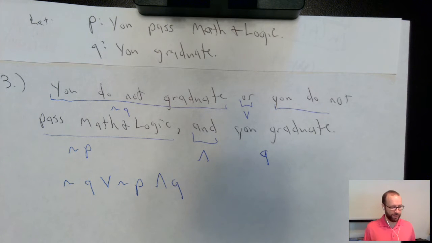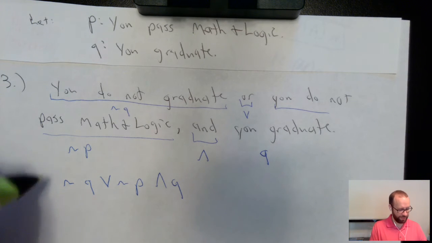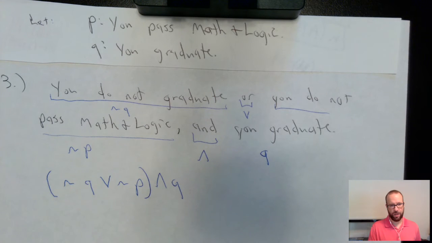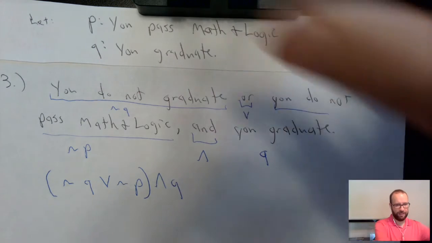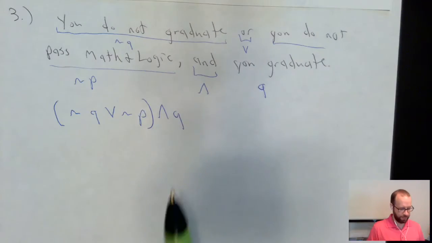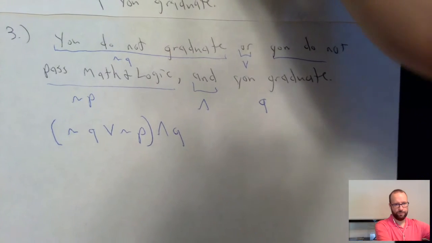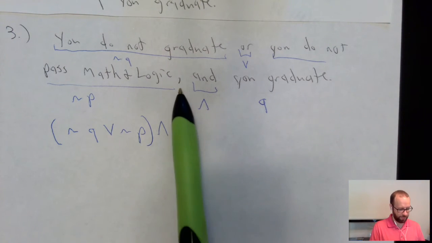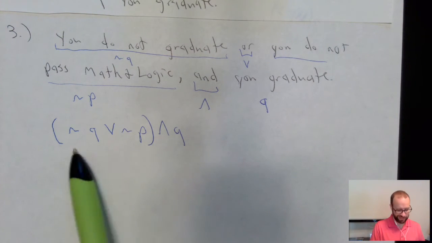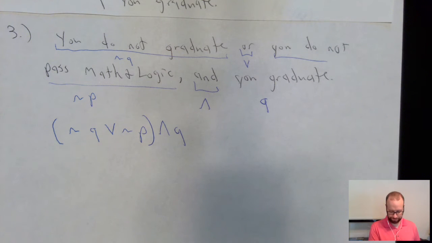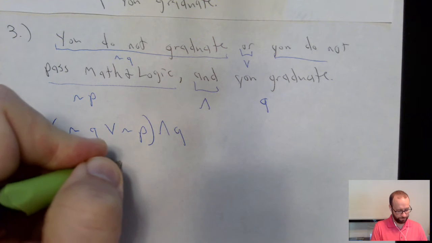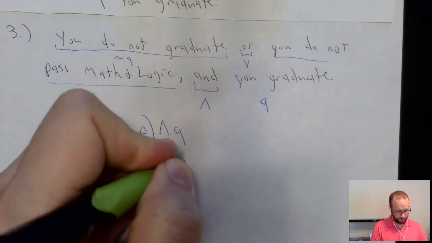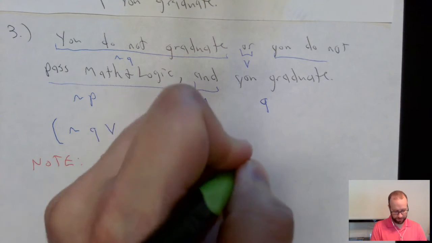In math, the way that we can keep this stuff together is by using parentheses. So I'm going to put parentheses around the not Q or not P because I want this together and then I want the and Q at the end. Okay, so that comma breaks up the statement. These parentheses keep this part of the statement together. I'm just going to write that down. So note, commas break up statements.